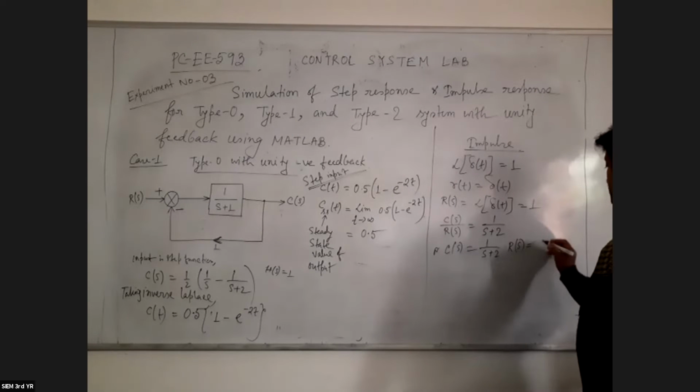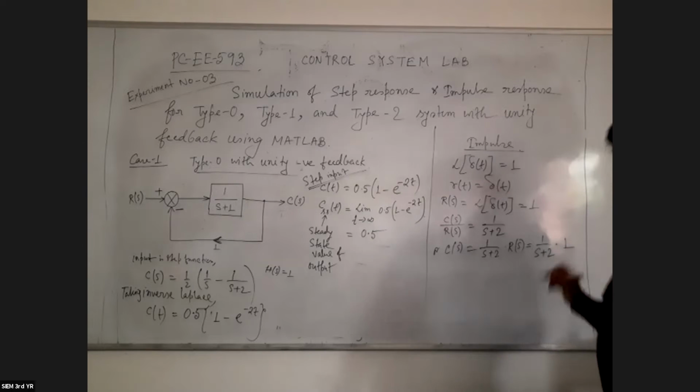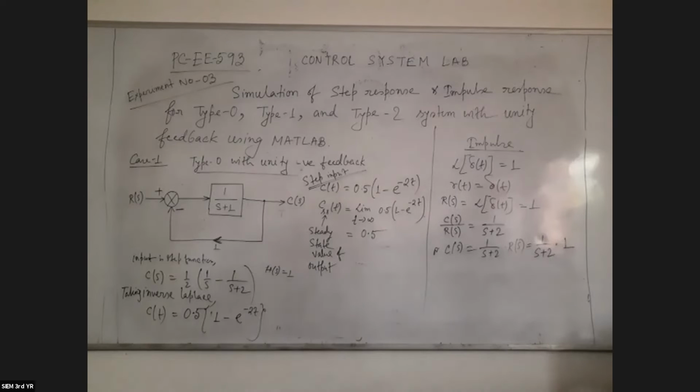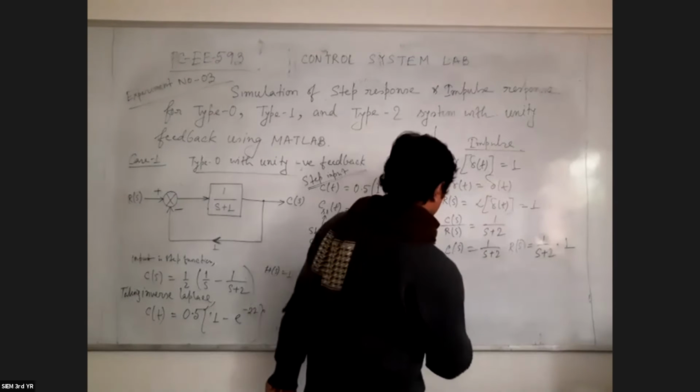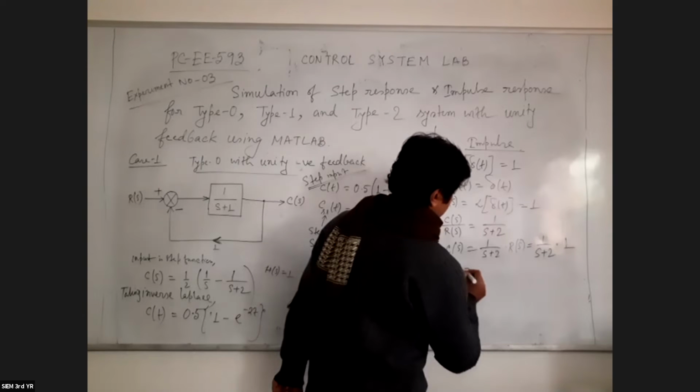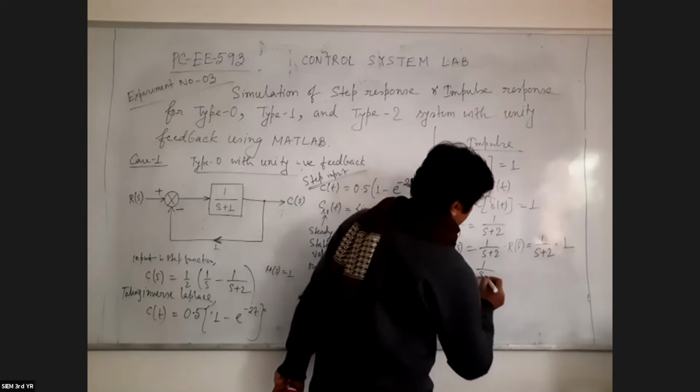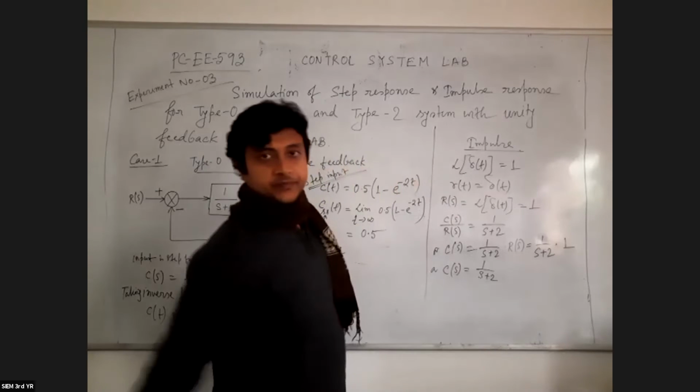So this is nothing but 1 by s plus 2 into 1, or C(s) equals 1 by s plus 2.